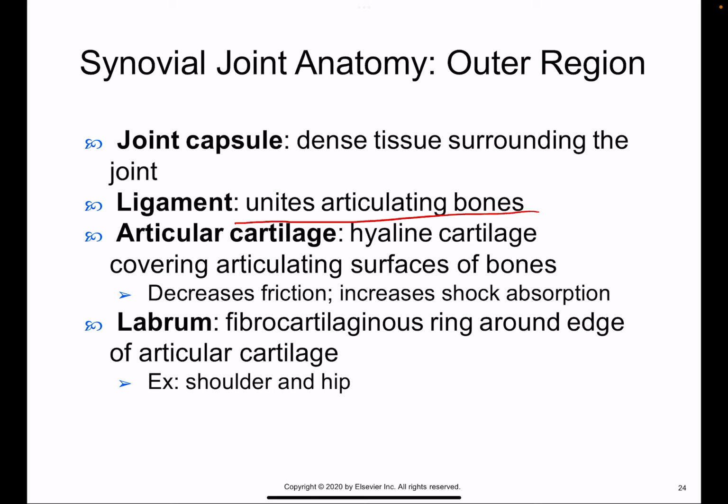The articular cartilage is going to cover the surfaces of the bones, decreasing friction, right? And also increasing shock absorption. So if I just jump in something, it's not going to be completely painful for me. Why? Because I have that articular cartilage covering the surface of where the joint is supposed to go. Finally, I have the labrum, which is a fibrocartilaginous ring around the edge of the articular cartilage. This is to keep it in place, and we can see it in the shoulder and hip.